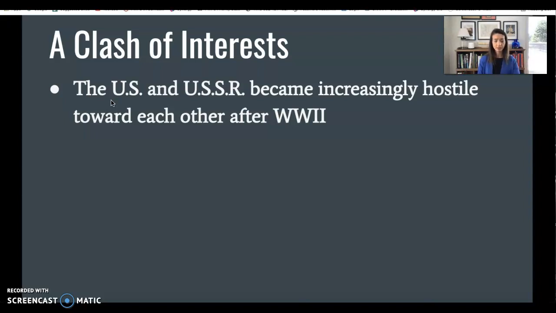Okay, so 1945. It really is the very next year that these used to be allies, the US and USSR, are not any longer on each other's side. In fact, they are going to be fighting each other.